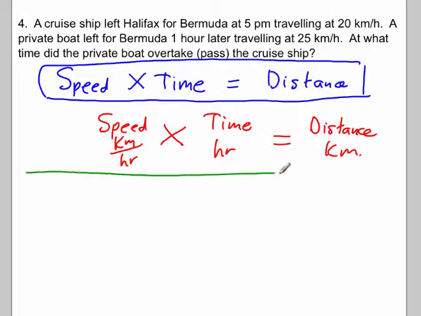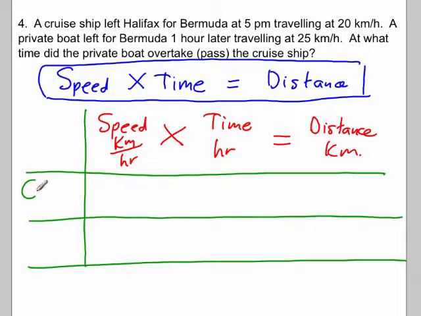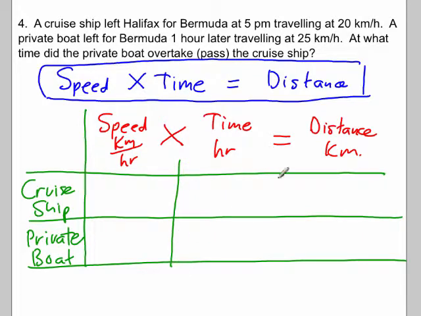All right, so let's look at our 2 situations. We have a cruise ship that's moving, and we have a private boat. All right, and let's just take stock of what we know. We know that the cruise ship left at 5 o'clock and it was traveling at 20 kilometers an hour.